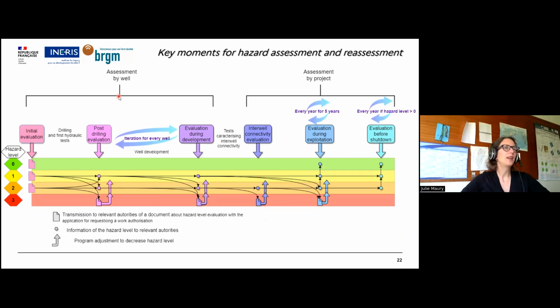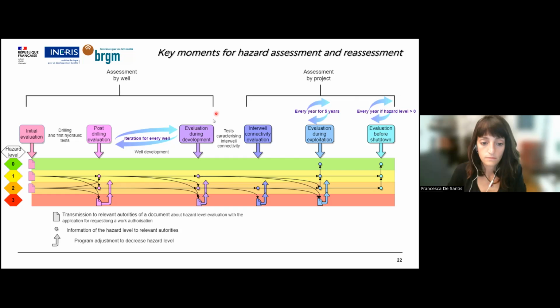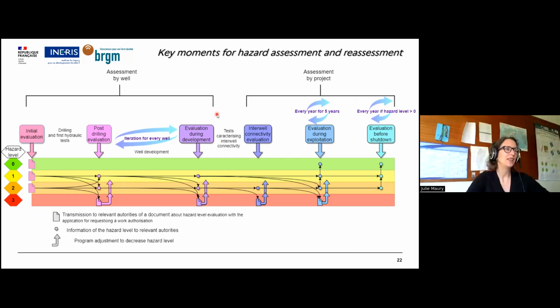And then we switch to assessment by project as you drill several wells. And how it goes, we propose an initial evaluation before drilling, then a post-drilling evaluation, and also an evaluation during development that is iterative. You need to do that several times if you have several cycles of development.